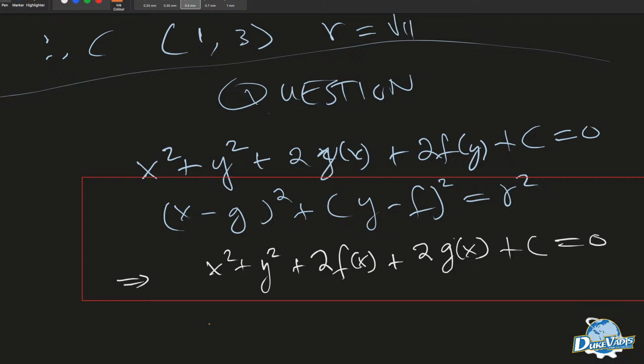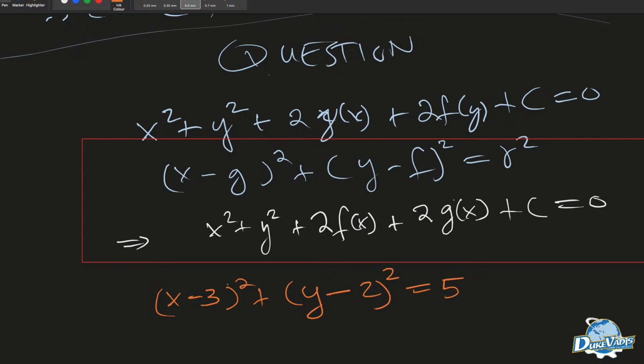So if I have x minus 3 squared plus y minus 2 squared is equal to 5, that exactly looks like the first one. How can I then prove that the second equation is the same?